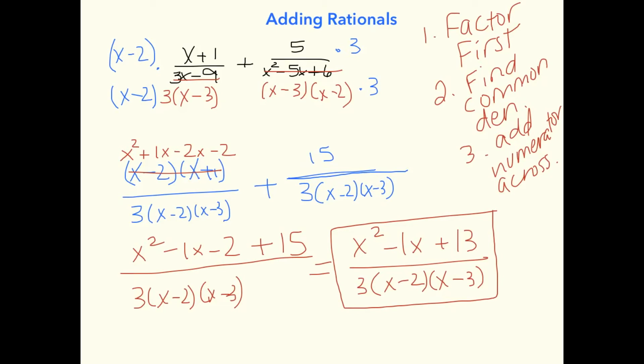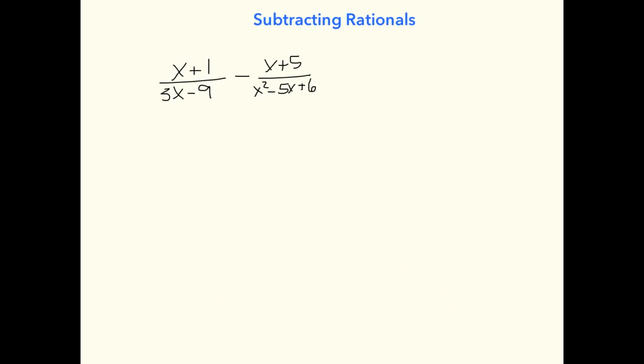I want you to use those steps to try the example on your notes sheet, and we'll look at that together in class. Now subtracting rationals, again, we're going to do the same thing. It's just a little bit tricky because it's subtraction. We still want to factor first. This will make it easier for us to find a common denominator. And this one works exactly the same as the one we added.